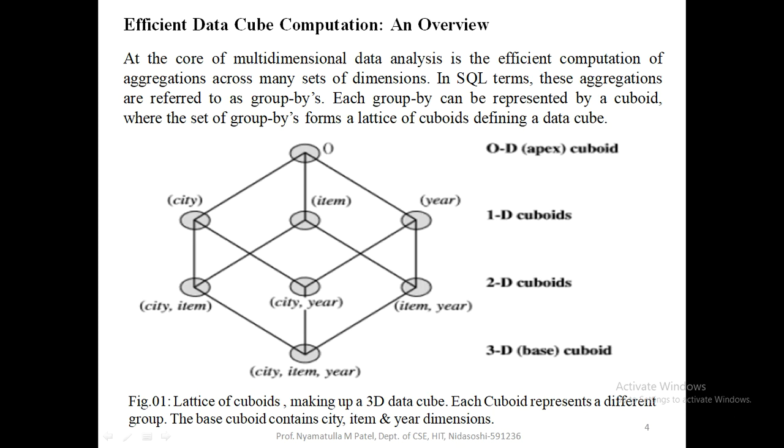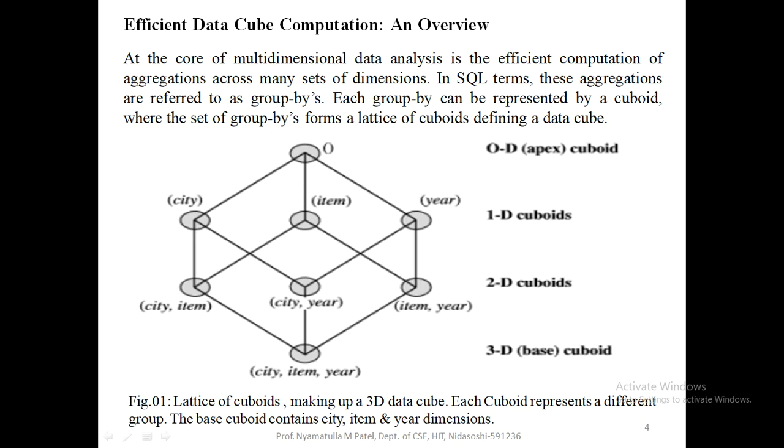One approach to the cube computation extends SQL so as to include a compute cube operator. The compute cube operator computes aggregates over all the subsets of dimensions specified in the operation.